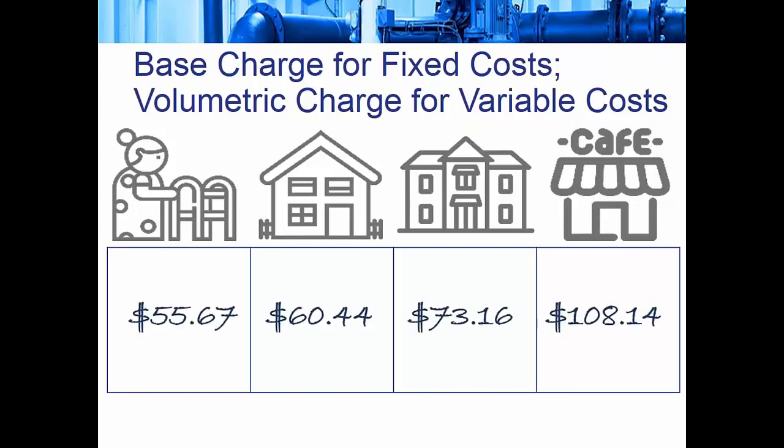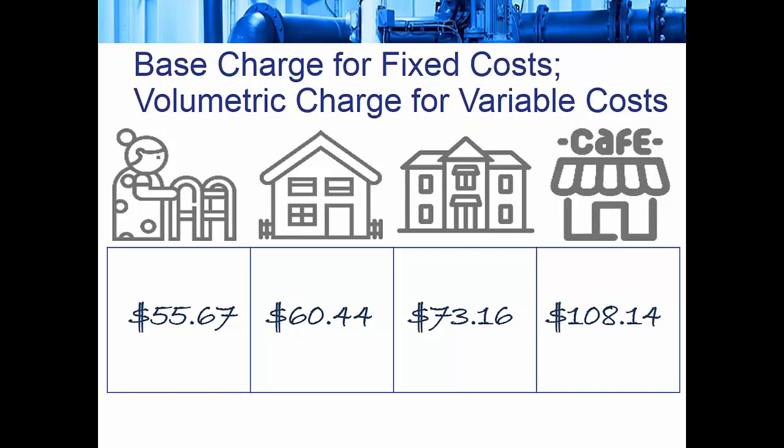But in this case, our widow will pay $55.67 per month. The average household will pay $60 roughly. The larger consuming household will pay about $73. And the cafe will pay $108.